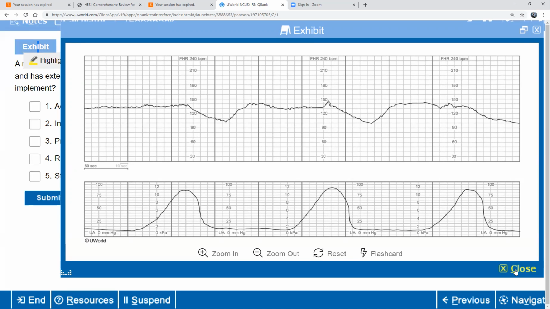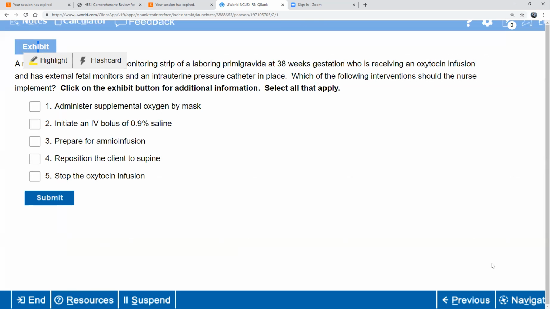Okay. Yeah. I will administer supplemental oxygen. Yes. I will stop the oxytocin. 5. And I will reposition the client. No, not supine. Side-lying, not supine.